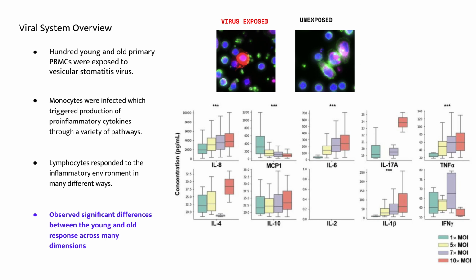Monocytes were infected, which triggered a dose-dependent production of pro-inflammatory cytokines through a variety of pathways. Lymphocytes responded to the inflammatory environment in many different ways. Within this system, we observed many phenotypic differences between the young and the old viral immune response.